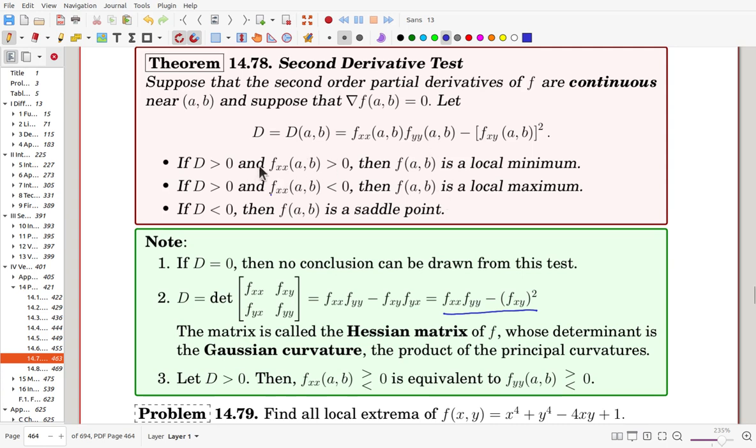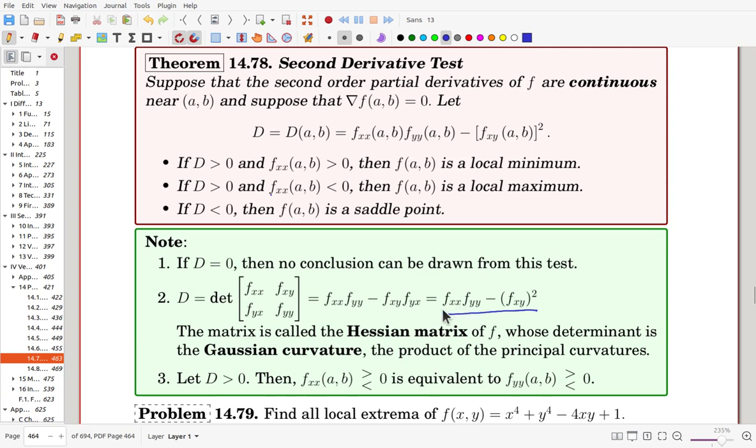We are using only f sub xx in this theorem, but f sub yy has the same sign. Once this term is positive, and also if f sub xx is positive, then f sub yy must be also positive, so that this quantity can be positive. Once it is negative, then f sub yy must be also negative.